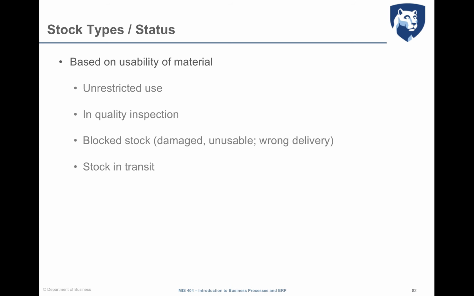Finally, we have the in-transit variant of the purchasing process, and when materials are being moved from one plant to another, we define it as stock in transit. So just to highlight that the stock is in delivery from one location to another.